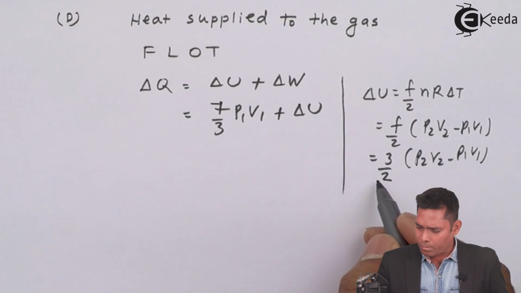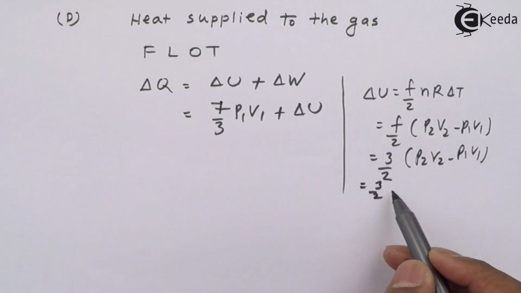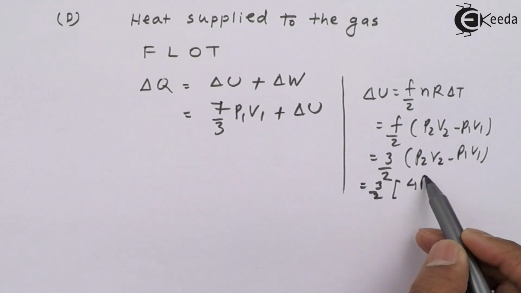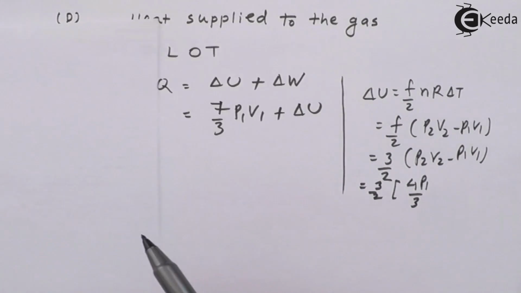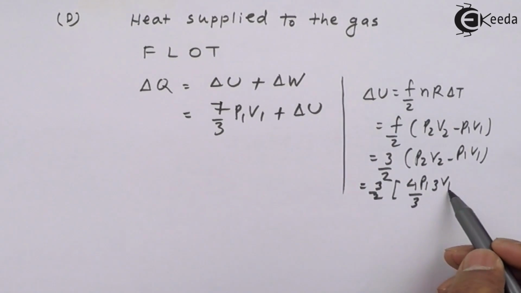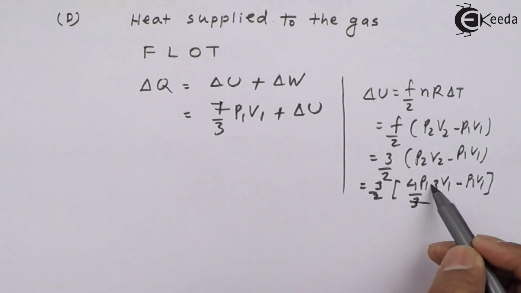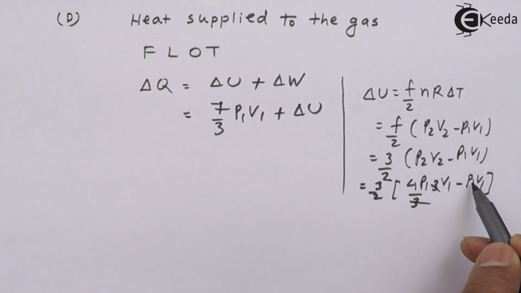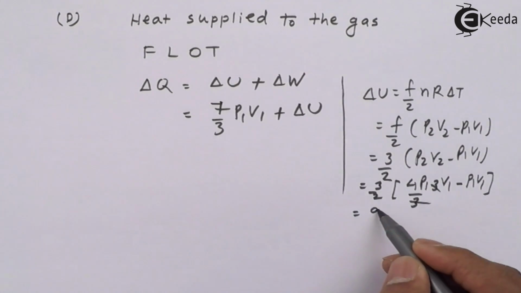So from here, 4 P1 by 3, and V2 in the question is 3 V1, so it is 3 times V1, minus P1 V1. So this 3 will cancel, 4 minus 1 is 3, so 3 times 3 by 2 is 9 by 2.